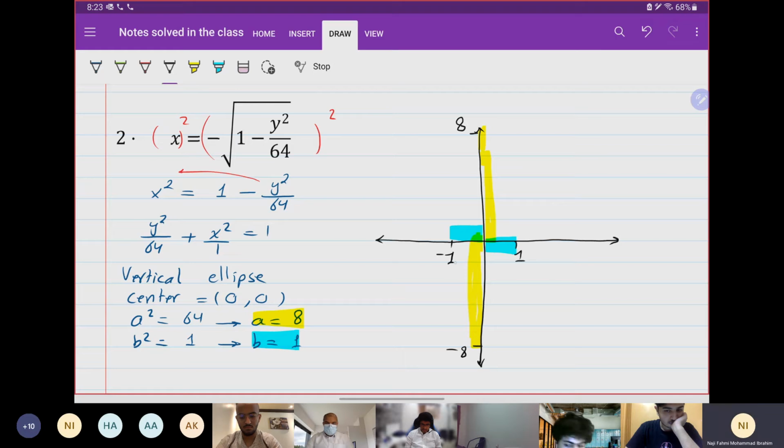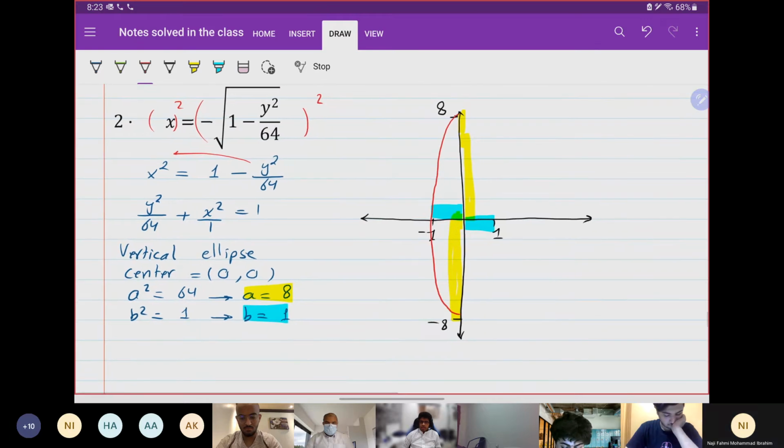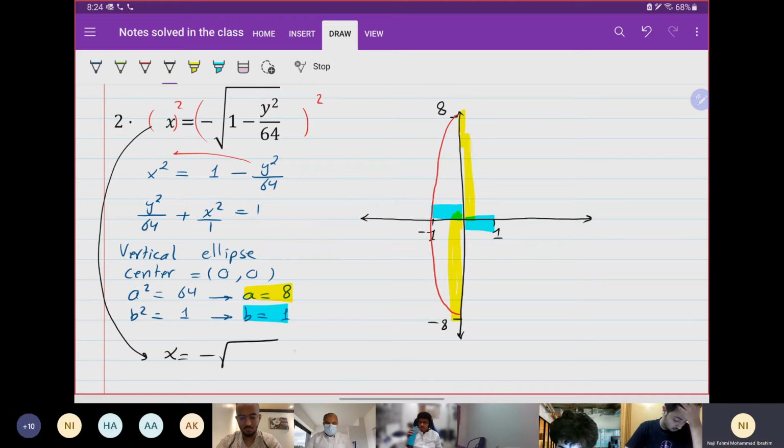Now, as we mentioned earlier, which part of the ellipse should I take? The second quadrant and the third quadrant. Why? Because X is equal to a negative root. This means X is negative, and negative means second and third quadrants.